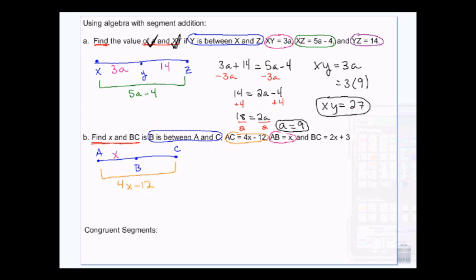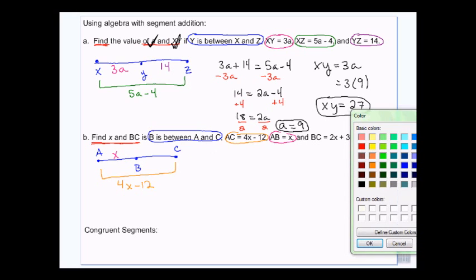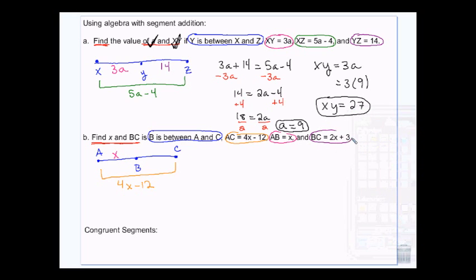AB is x. BC is 2x plus 3. And so now we can see that if I add this and this, it'll equal the whole thing.